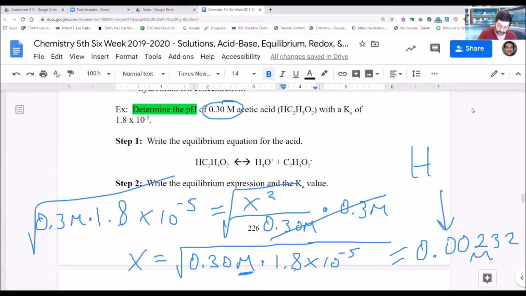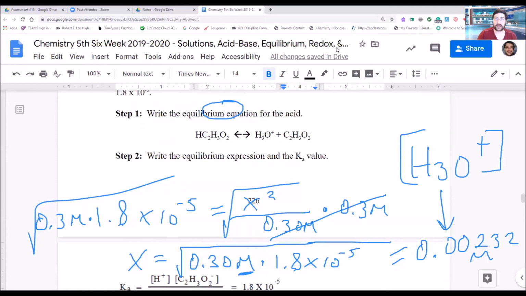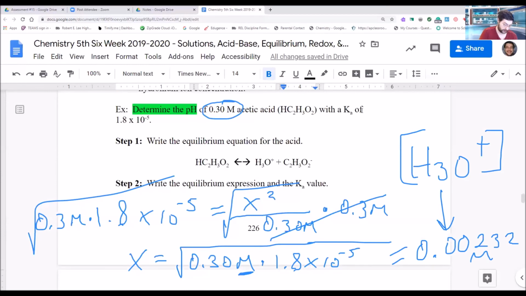Okay, that is not the final answer to this problem. What we need to do now is take this number and plug it into our negative log equation. So I've got negative log of that number. Now remember, when you plug this into your calculator, use the big long number.